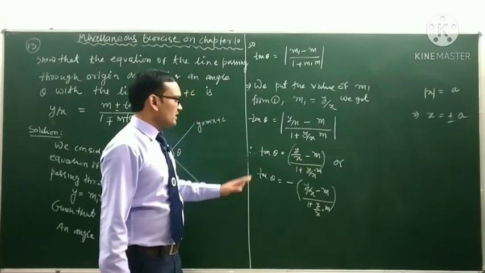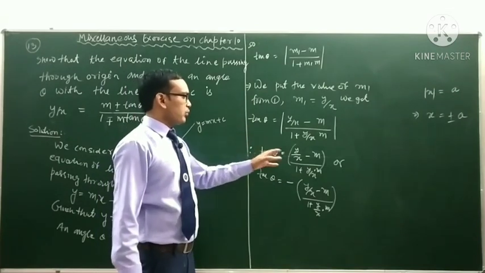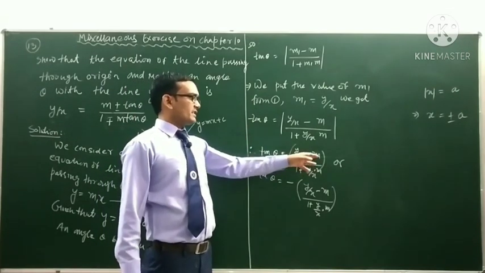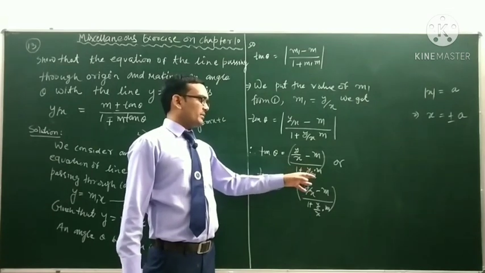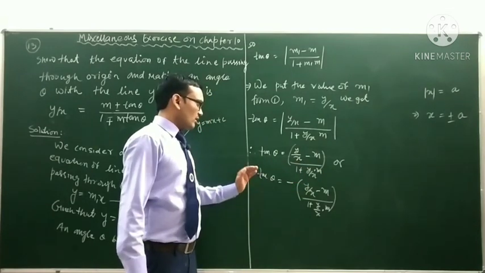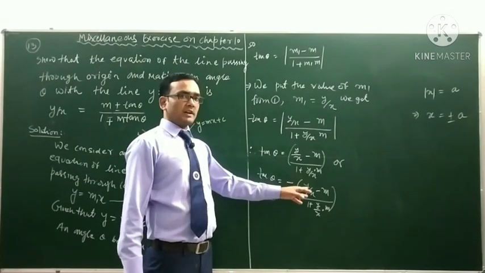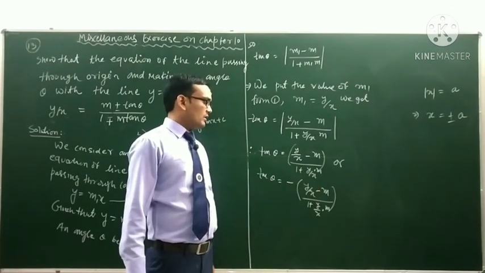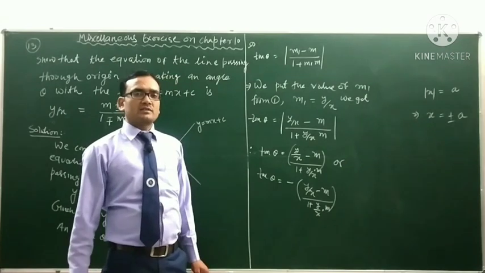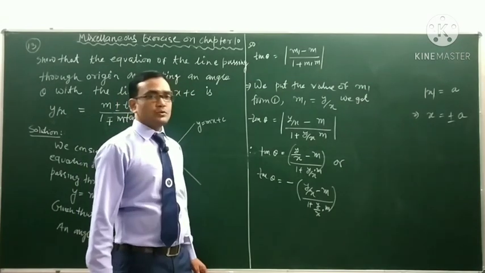This implies that tan theta is the positive y by x minus m upon 1 plus y by x into m, or tan theta equal to minus y by x minus m upon 1 plus y by x into m.